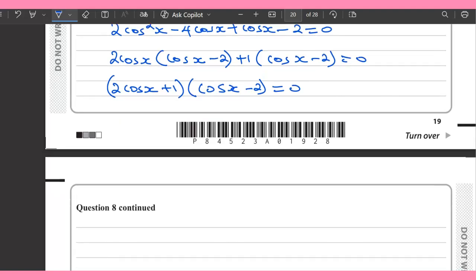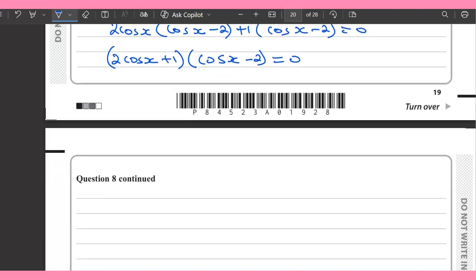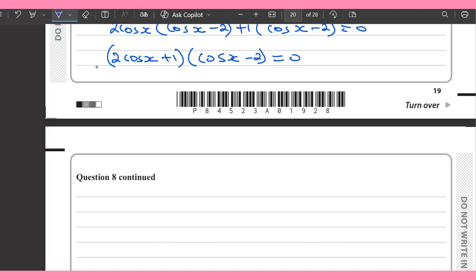Now if we set the two brackets to 0, the first bracket will have 2 cos of x plus 1 equals 0, and therefore cos of x equals, this one gives you negative a half.